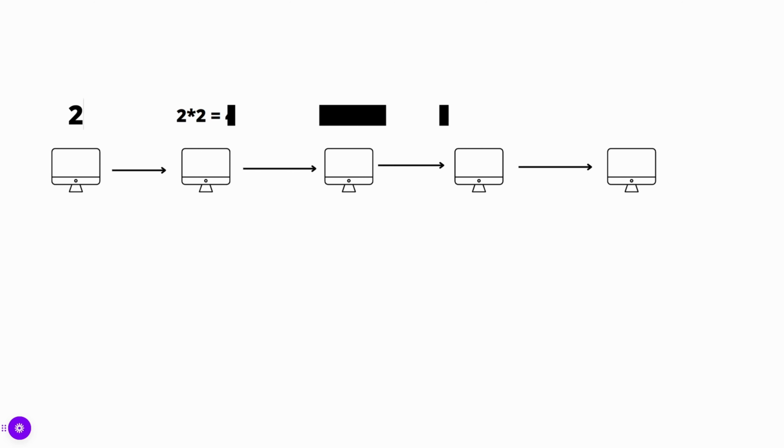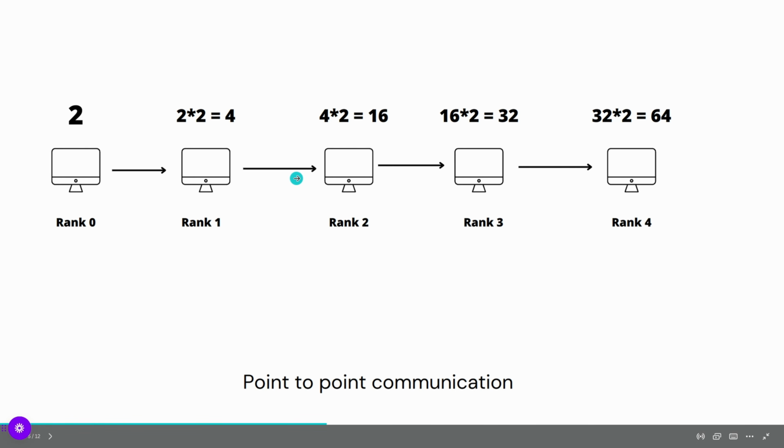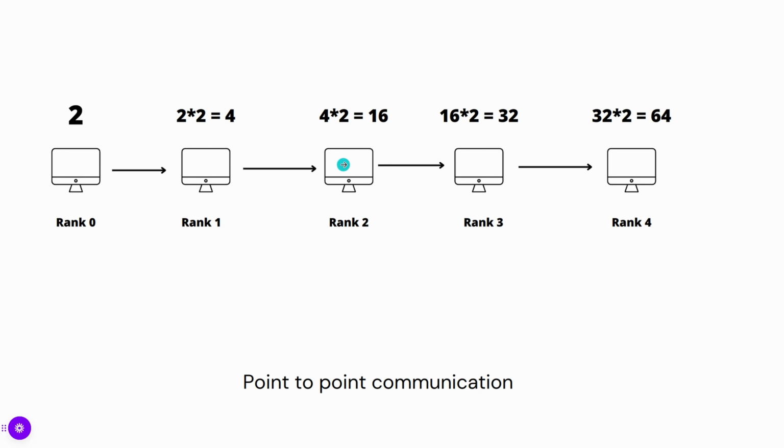So here, for example, we have many computers. We have 1, 2, 3, 4, 5 computers. I have 5 processes, so it's normal that I choose 5 computers. Each computer has a rank, like this one is rank 0 until rank 5. Let's say we have a simple computation, which can be something more complex than just, like, multiplying a number by 2.